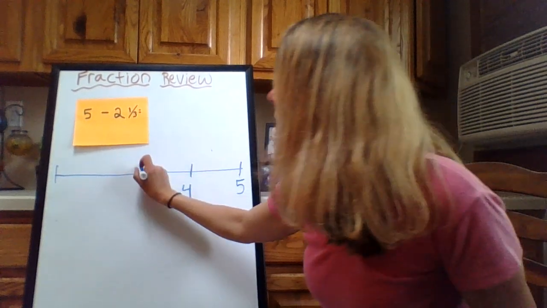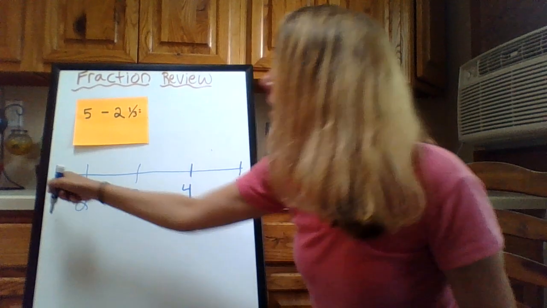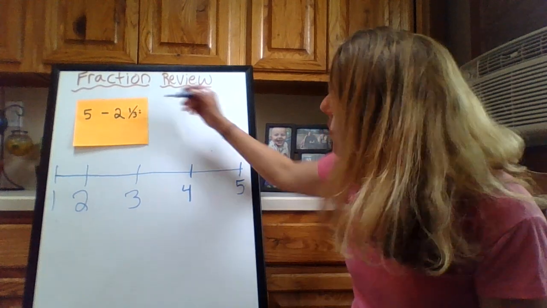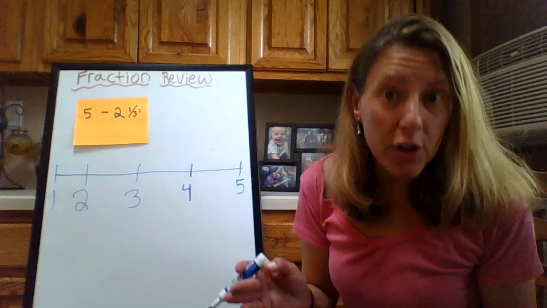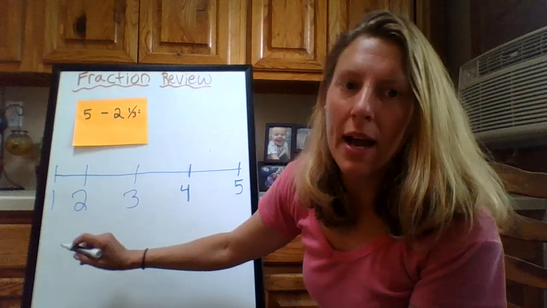So here's 4, 3, 2, 1. And then now I look at the fraction. So 1/3 means that each whole is divided into thirds. So let's start over at 1 and count up actually.